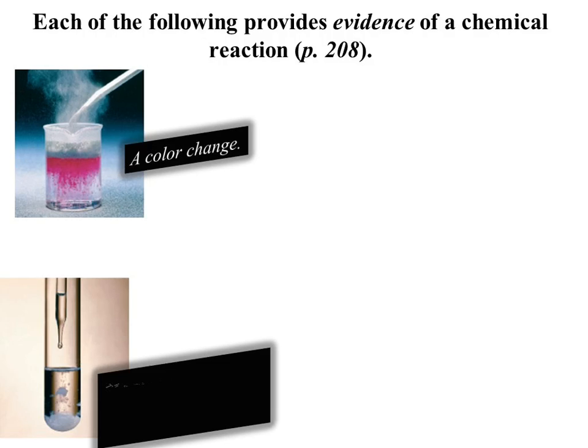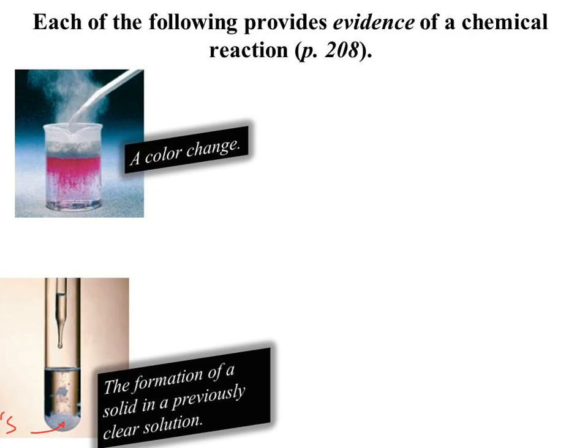The next one: we take two clear reactants and get something kind of fuzzy. We call that a precipitate. We've been talking about that in our Chem 2 class. This thing down here, I'm going to put an S here. What does the S stand for? Solid, yes.